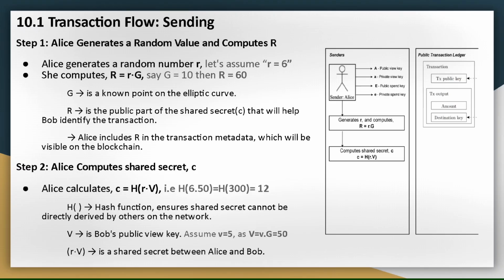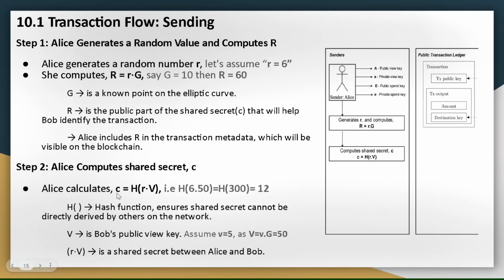In asymmetric cryptography, the public key is generated from the private key. If we assume the private view key small v is 5, then for the public view key capital V we multiply small v by G, which is a constant point on the elliptic curve for the network. Let us say G equals 10, so 5 times 10 is 50. The public view key of Bob will be 50.